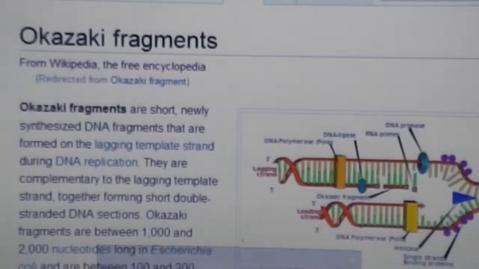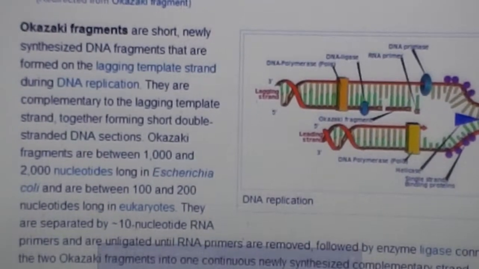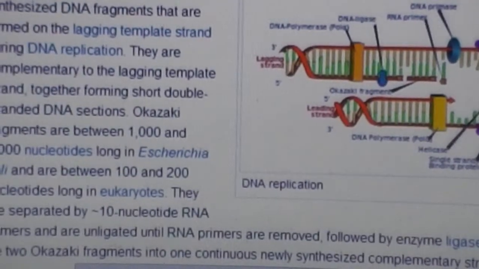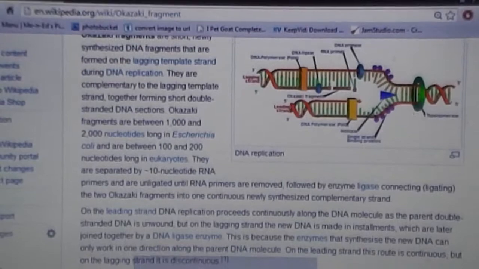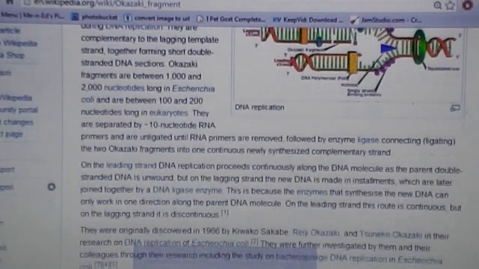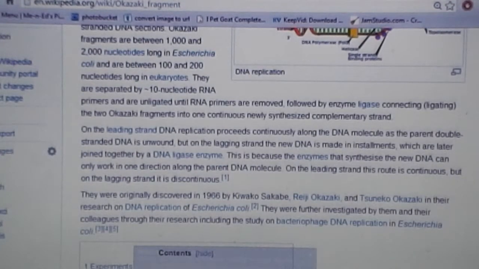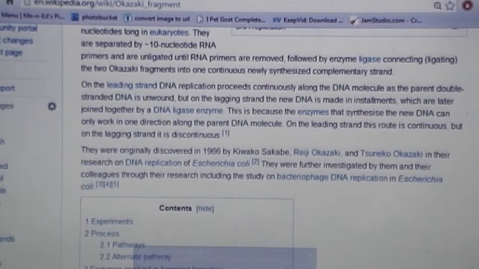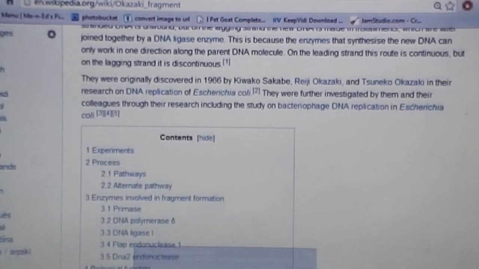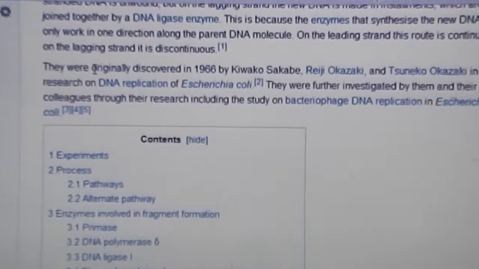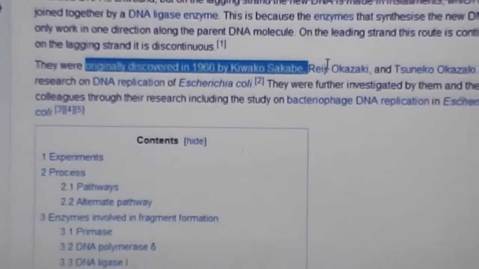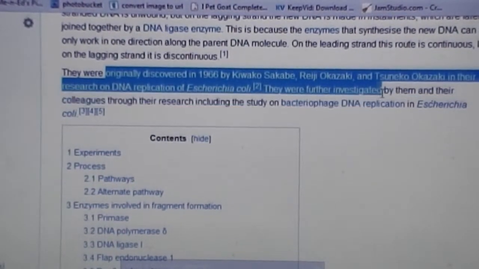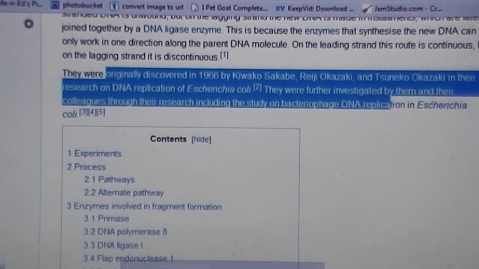We already knew that. Check out when they discovered it. Oh wow. They were discovered in 1966 by Okazaki in the research. You can't make this stuff up.